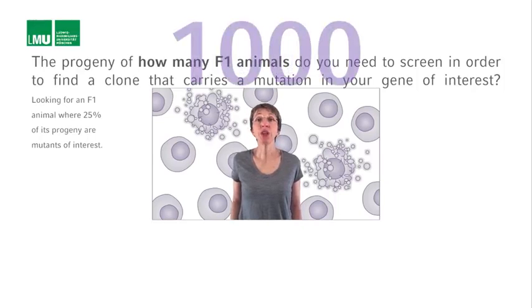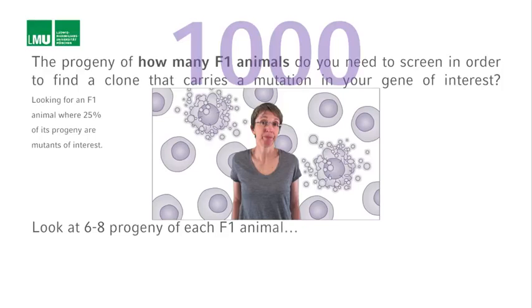And to make sure that you wouldn't miss the homozygous mutant F2 progeny, which occurs at a frequency of 0.25, you probably want to look at about 6 to 8 F2 animals. So you need to screen about 6,000 to 8,000 F2 animals.